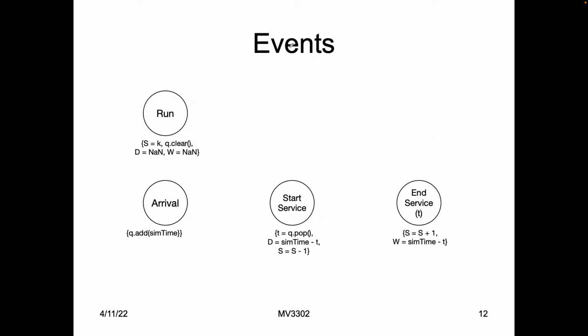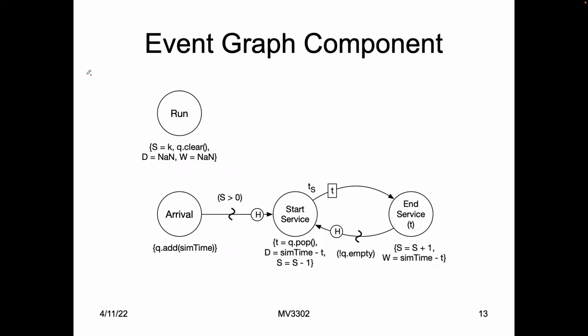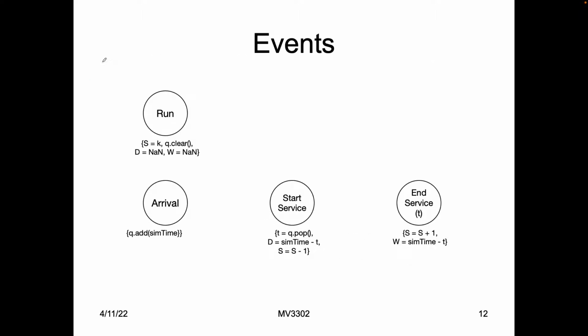So our events are going to be pretty much the same or similar as what we had before. Okay, so let's look at this. So now our arrival, before we just added one to queue. Now what we're going to do is we're going to add the sim time into our container.